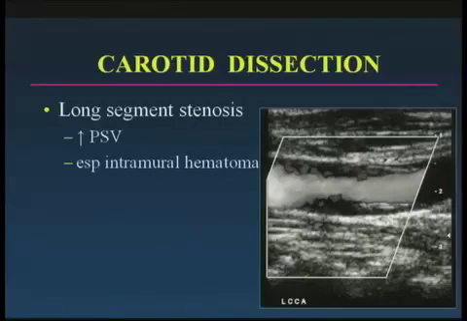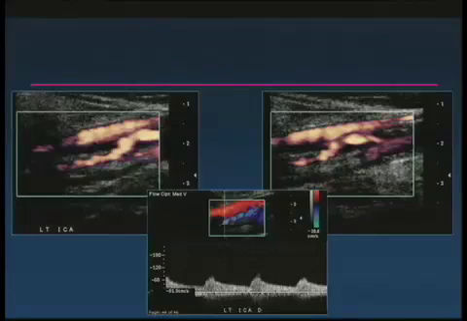And if you see that, particularly if you see it on both the anterior and posterior wall, as you see here, think about carotid dissection, because sometimes the false lumen is not patent, or you just have intramural hematoma, and it will dissect for a long way up the lumen and can cause a long segment stenosis without any obvious plaque.